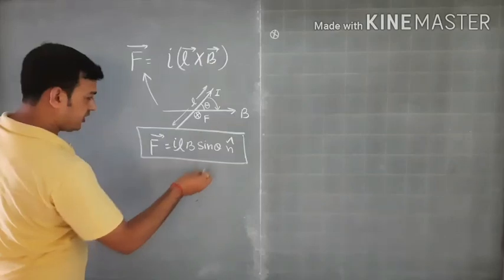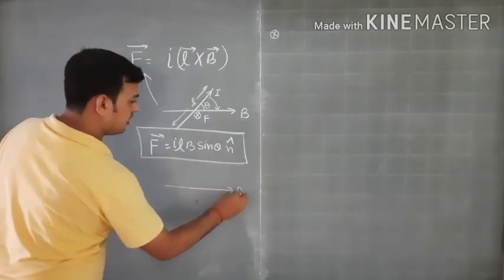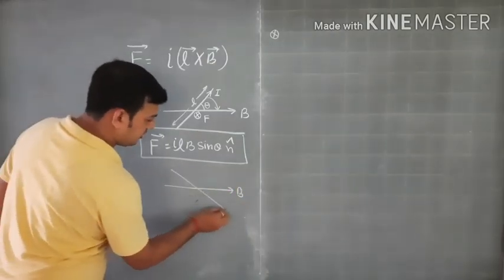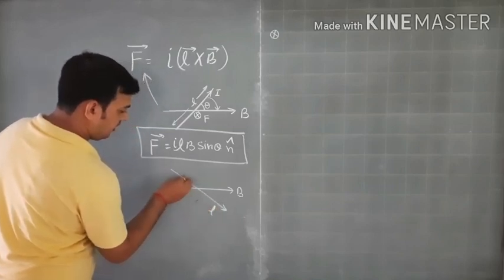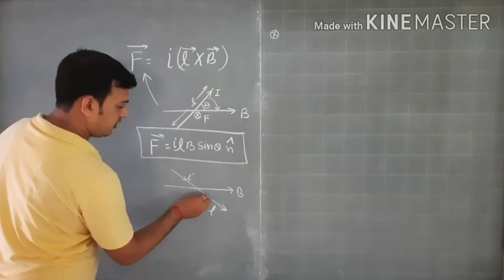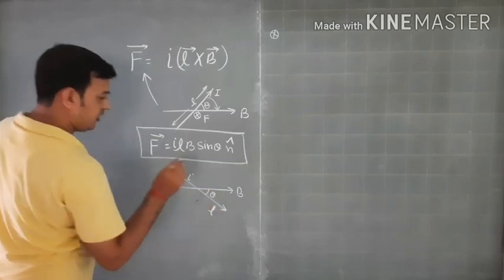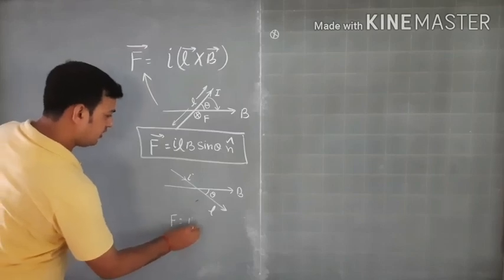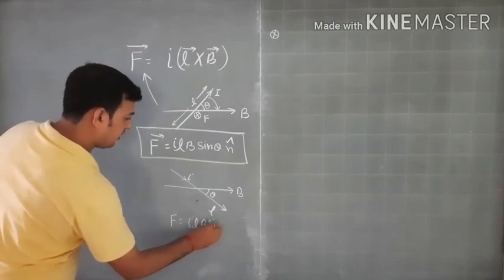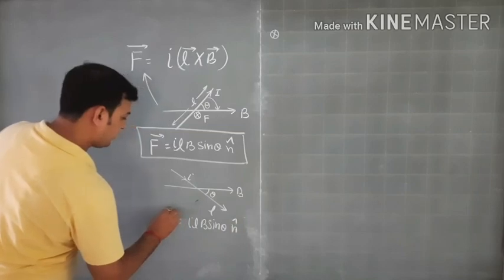Now, if I change the case, suppose this is the direction of magnetic field and the wire is like this. This is the length L, I is the current flowing in it, and theta is the angle. Once again, the force is I L B sine theta n cap.